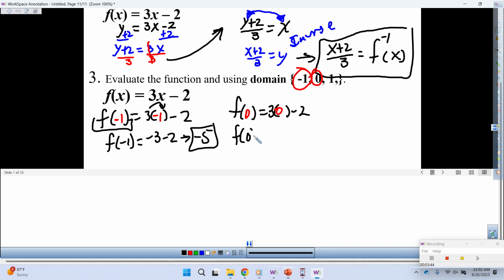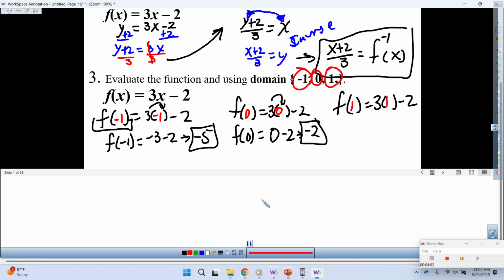It just tells us what we're working on. f of 0. 3 times 0 is 0, minus 2 is -2. And last but not least, f blank, 3 blank, minus 2. My next value is 1. Once again, the left side is only a label, f of 1. It tells us what we're looking at or working on. 3 times 1 is 3 minus 2, that is 1.